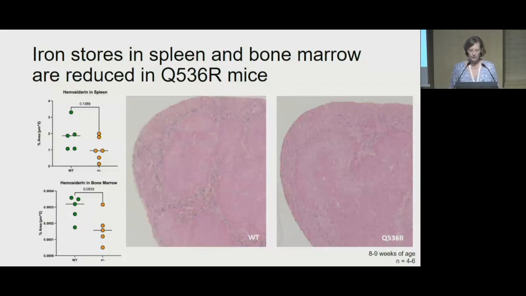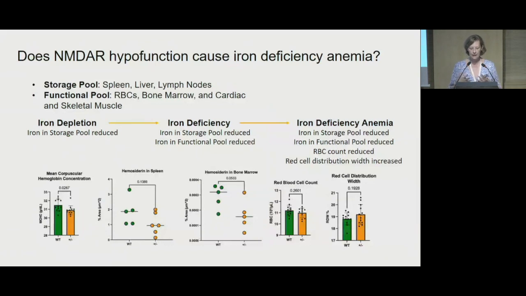So this just kind of puts together the evidence that she has right now, that the Q536R have a picture that looks like iron deficiency anemia. So the storage pools for iron are tissues like the spleen, the liver, and lymph nodes, whereas the functional pool of ferritin and iron, stored iron, is in red blood cells, in bone marrow, and in cardiac and skeletal muscle.